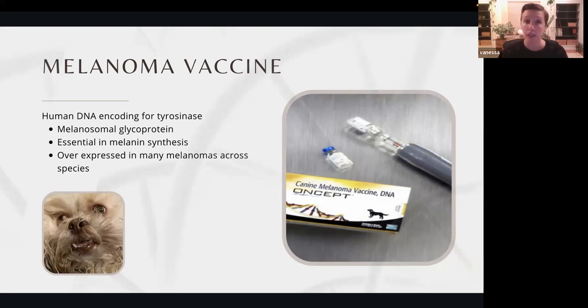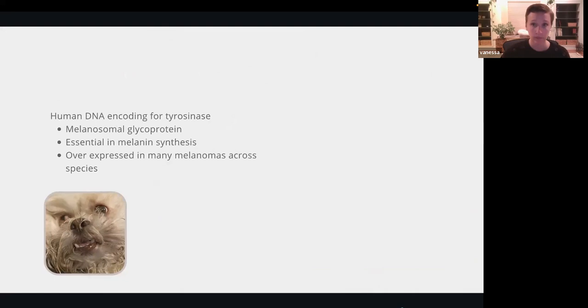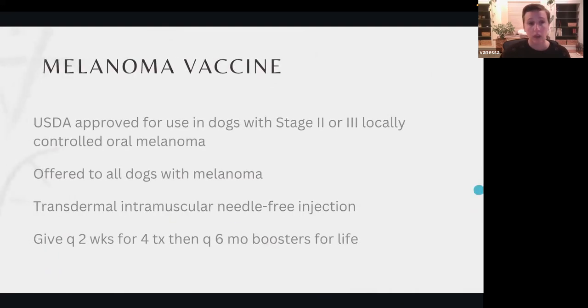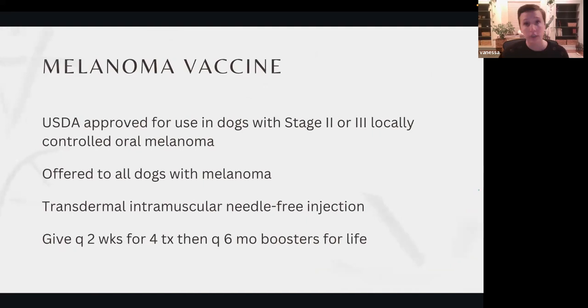Tyrosinase is essential in melanin synthesis, and in a lot of melanomas, you'll see an upregulation of this process. Luckily, there is cross-reactivity so that the dog's immune system recognizes the human tyrosinase as foreign, and it starts attacking those cells expressing human tyrosinase.